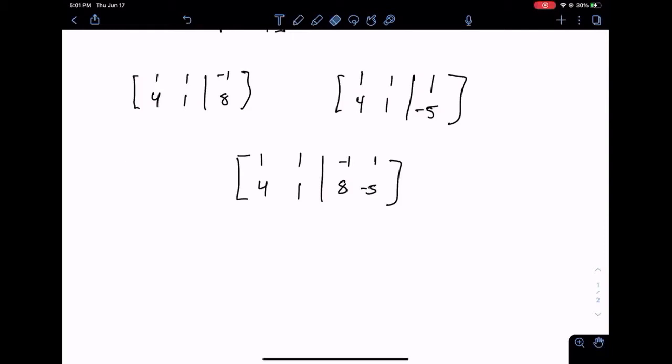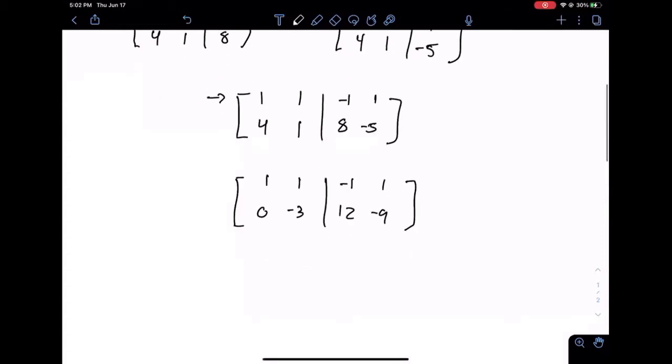So I'm row reducing this matrix. Let's see, I multiply this row by -4, add it here. Okay, I should get something like that.